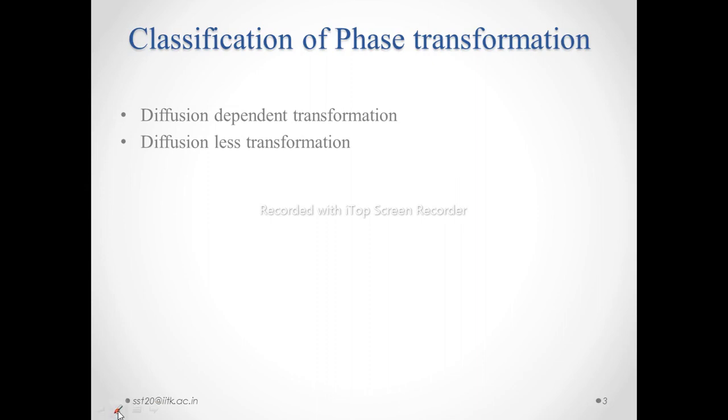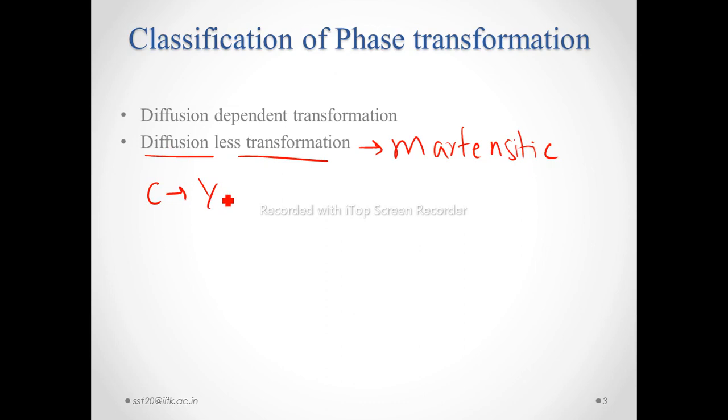And a good example for the diffusionless transformation is the martensitic transformation. Here, the carbon atom will diffuse only half of an atomic distance.